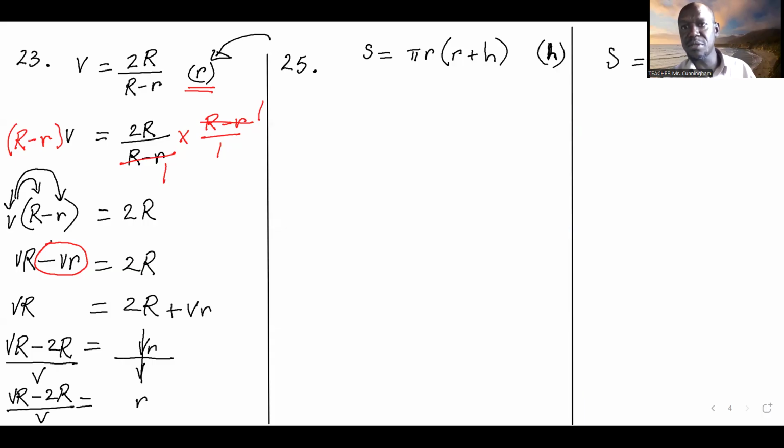S is equal to pi r multiplied by r plus h. And you said divide throughout by pi r. Nothing wrong with that. Whatever you do on one side, you do on the next side. I just want to see how the answer will come out. Pi r over pi r. I wouldn't have done it so, but there are a million ways to do maths. So this will cancel, leaving r plus h.